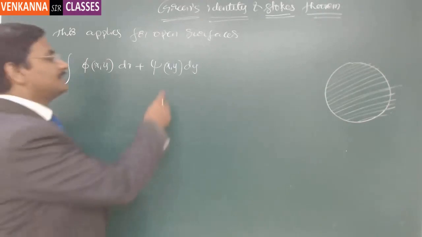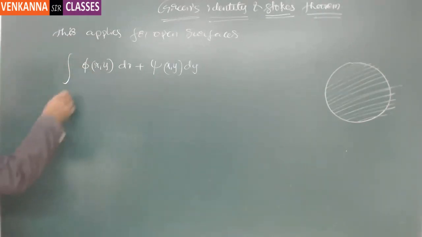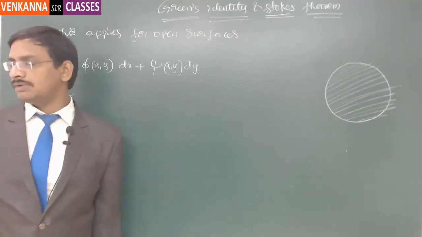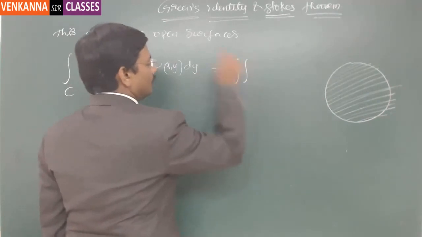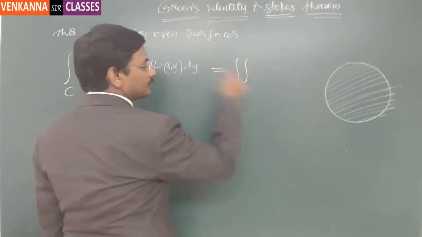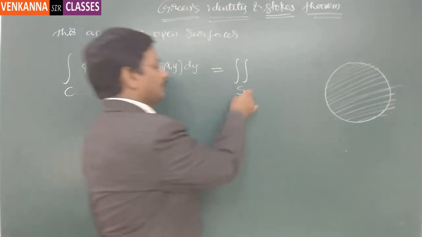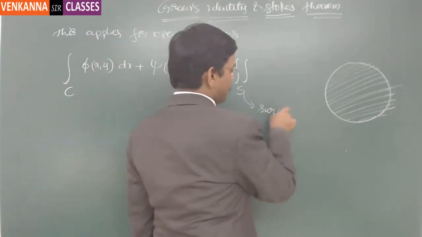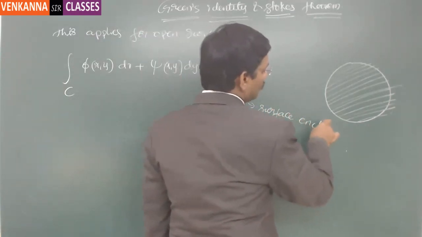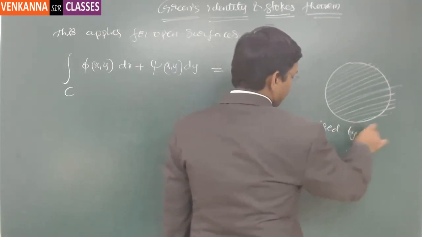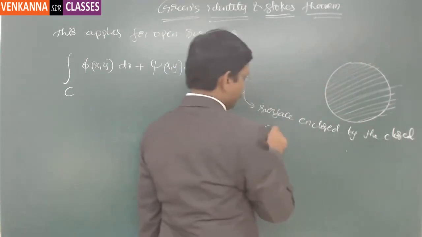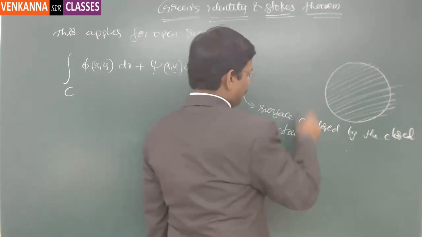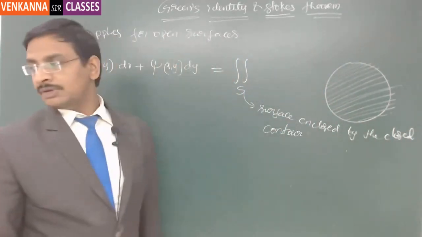So this is the integral on a closed contour. The closed contour obviously encloses a certain region. Now this value is equivalent to the double integral over the surface S enclosed by the closed contour, right?